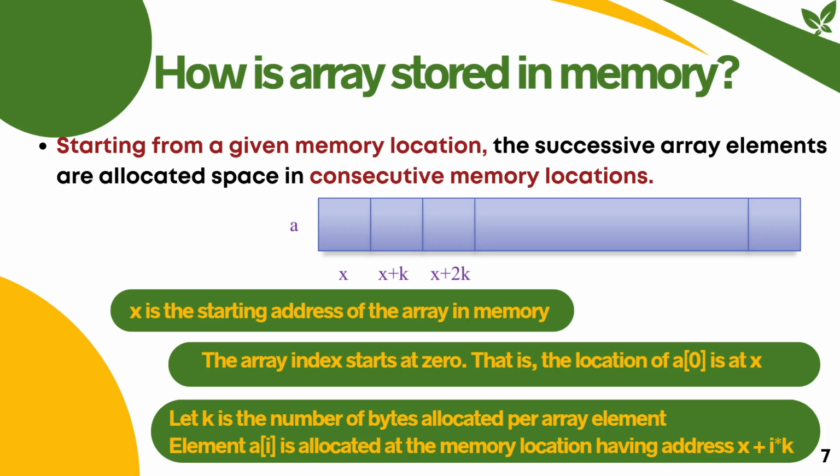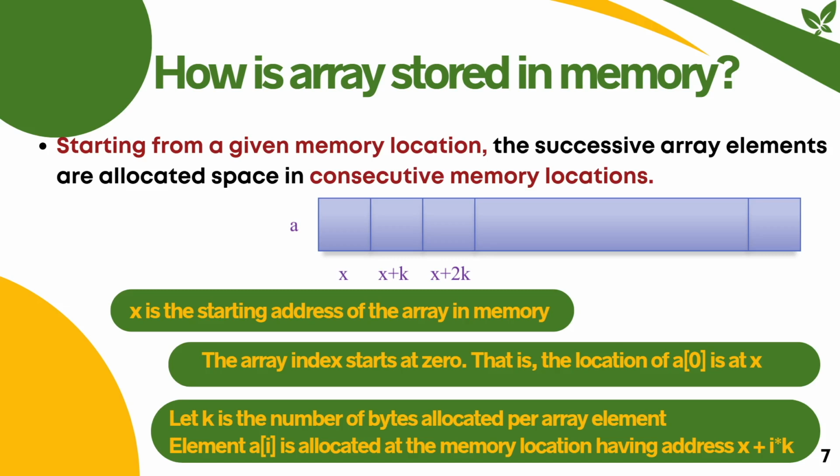For instance, if suppose we declare an array to be of type integer, then we can assume that for every value of type integer, 4 bytes of memory is required. In that case, if I have 10 elements in my array, altogether 40 bytes will be reserved for that array. 10 into 4 is 40, and so 40 bytes will be reserved for that array.